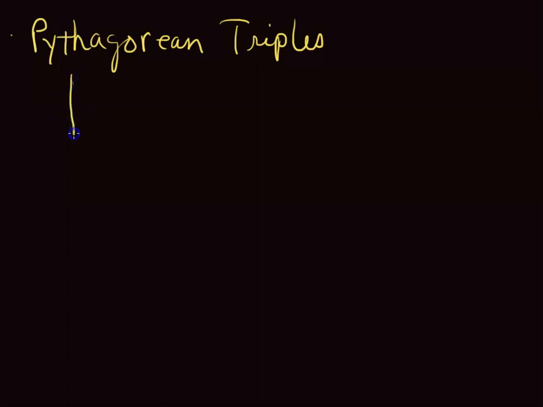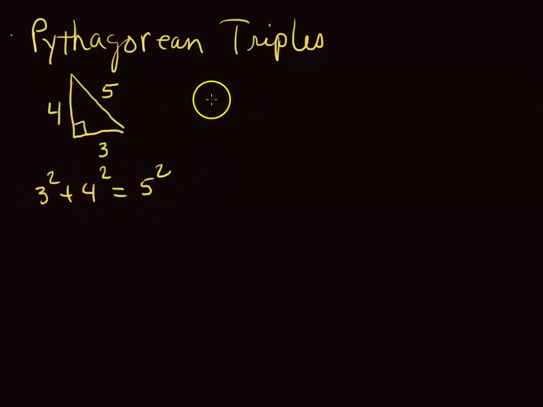Very famous ones that you'll see in a bunch of problems in your text. The 3, 4, 5, remember the largest one is always the hypotenuse, is a right triangle because 3 squared plus 4 squared does equal 5 squared. 9 plus 16 is 25.